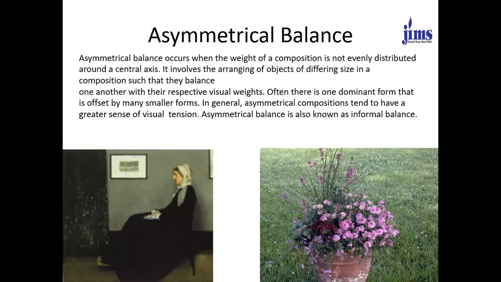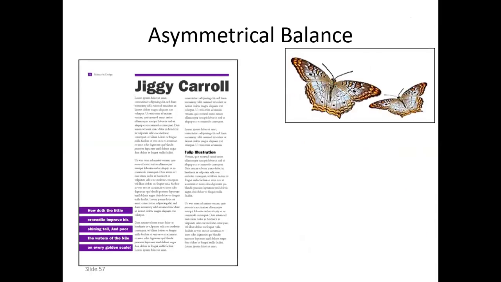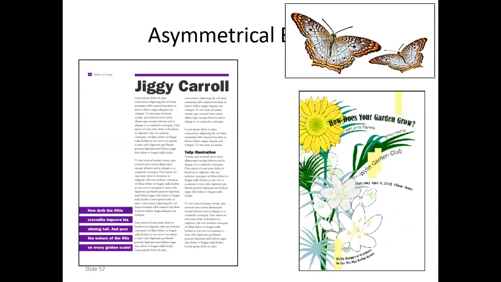So it's not necessarily true that the visual weight has to be evenly distributed for the design or creative to be good. It can be unevenly distributed as well, depending on the objective of the communication and how the designer wants to play around that objective. Here are the examples of asymmetrical balance.